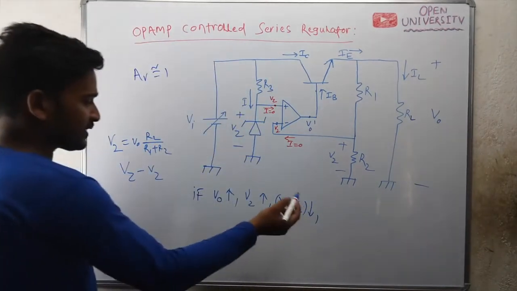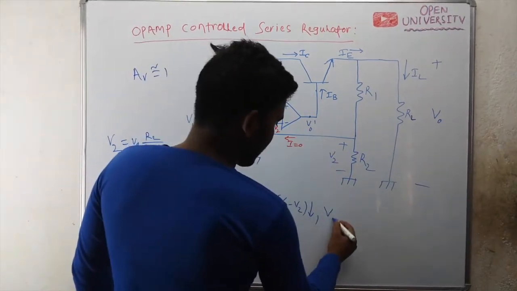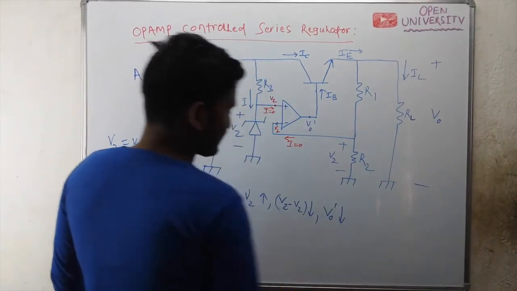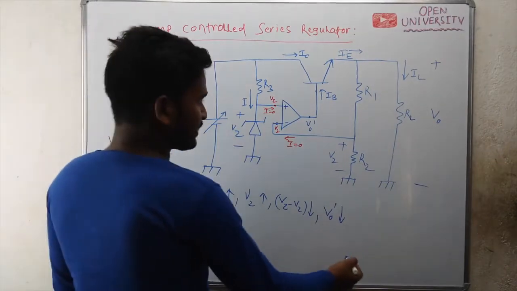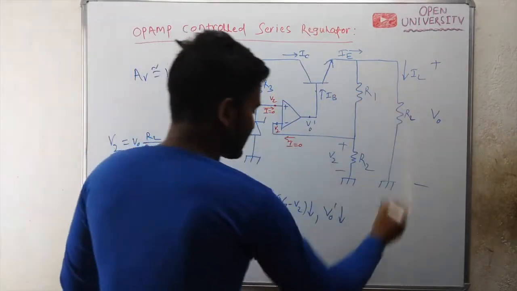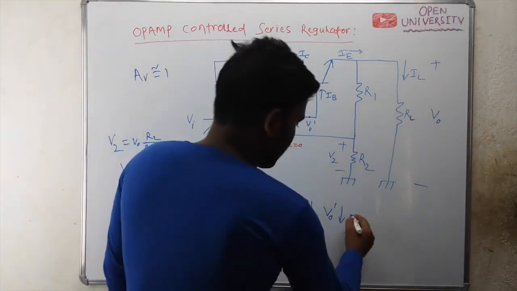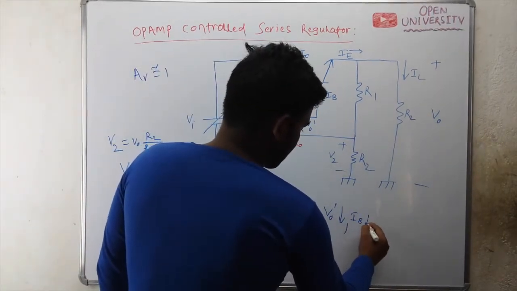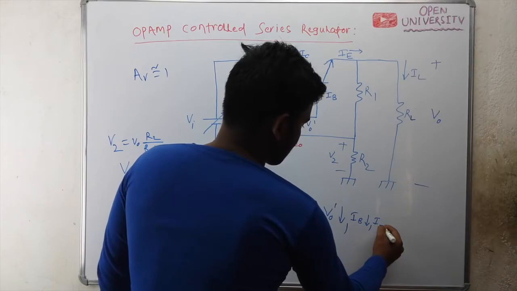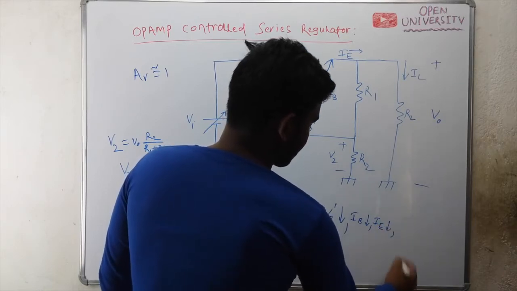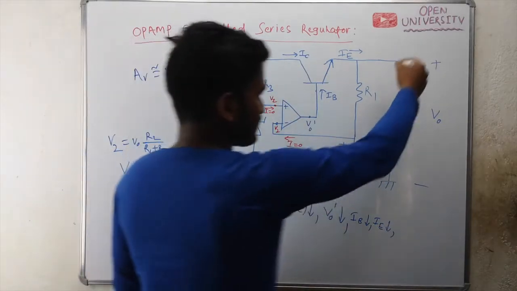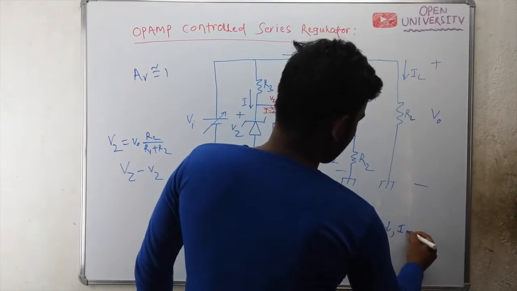If this voltage decreases, then V0 dash will decrease. If V0 dash decreases, then IB, IC and IE, all currents will decrease. If IE decreases, then IL will decrease.